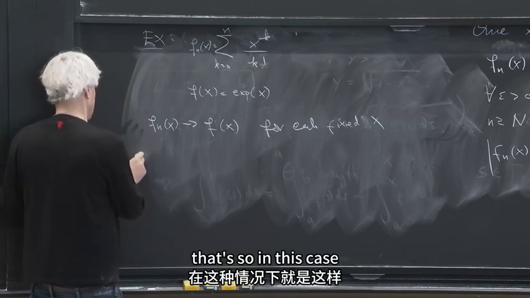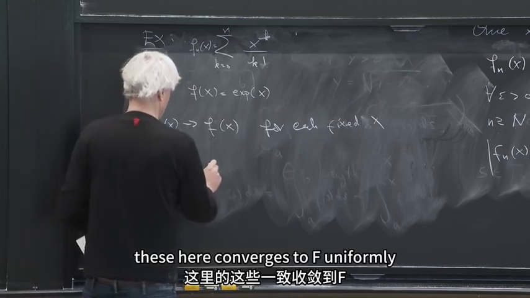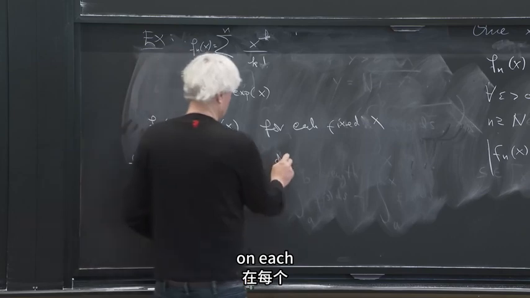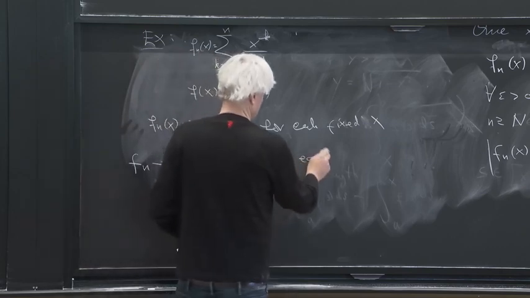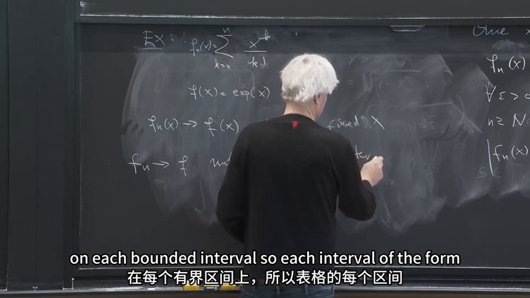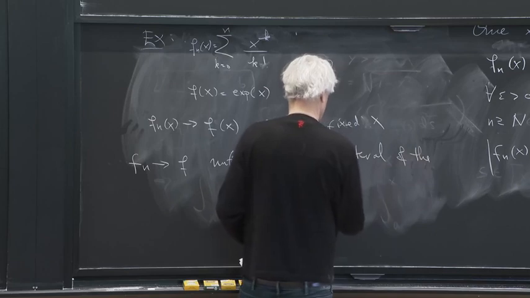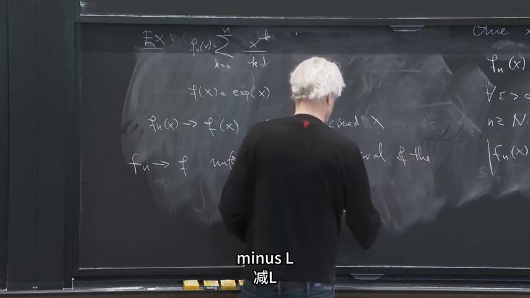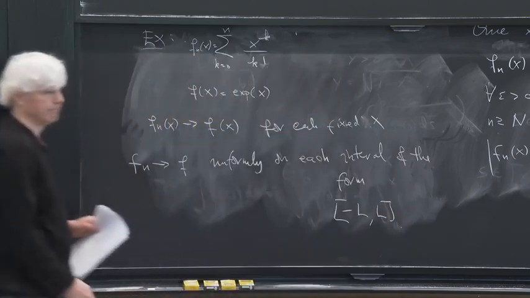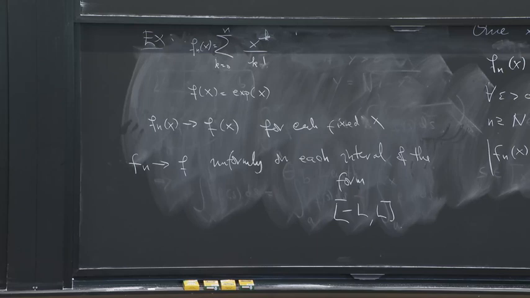So in this case, these converge to f uniformly on each bounded interval, so on each interval of the form minus L to L. Okay, and we will talk about this more in just a second.